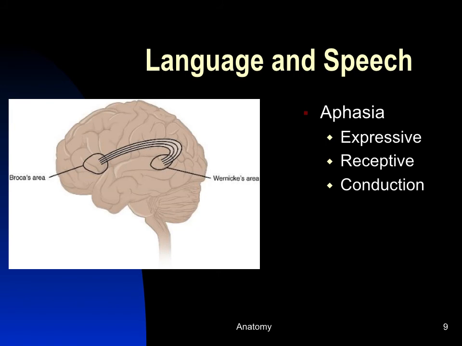We know that language and speech is a really complex function that requires complex movements of the larynx, the tongue, and the back of the throat, and so it involves some really complex motor activity that occurs in Broca's area, but it also requires some really important processing of sensory information that occurs in Wernicke's area, which occurs in the temporal and parietal lobes.